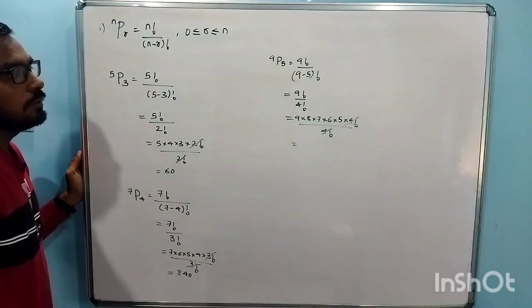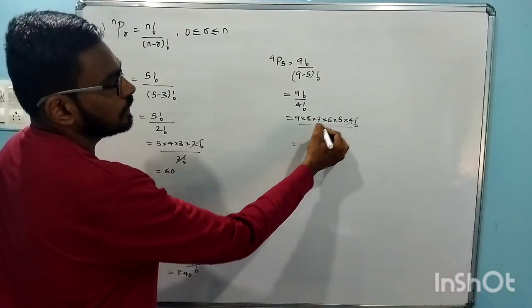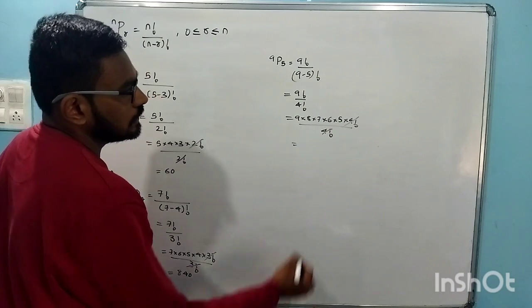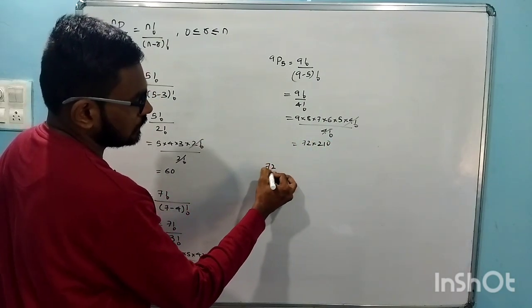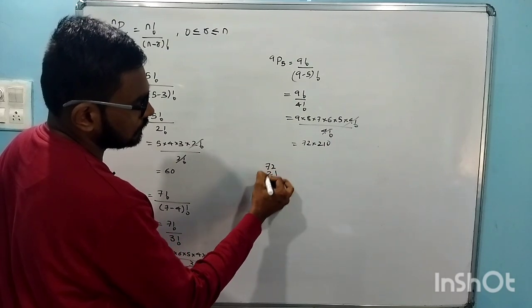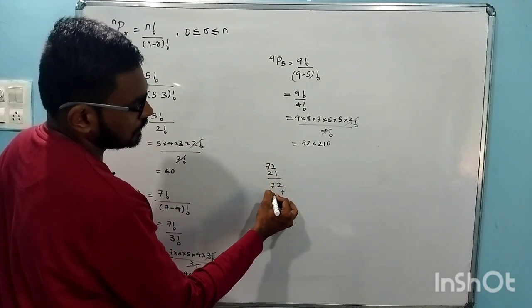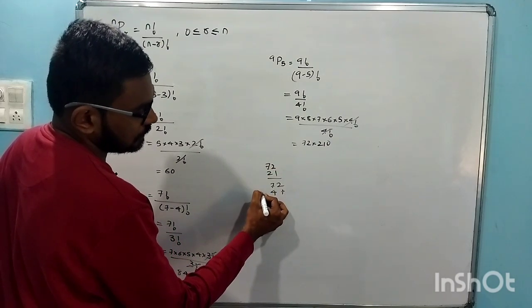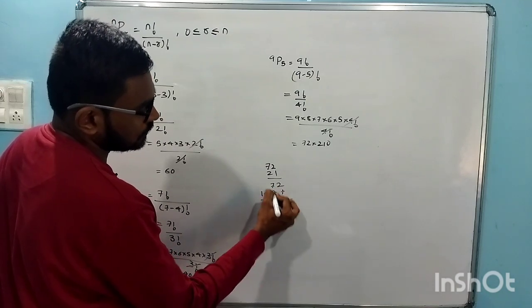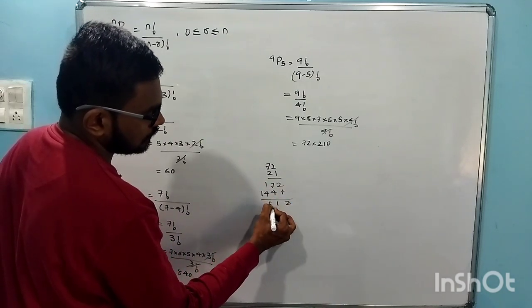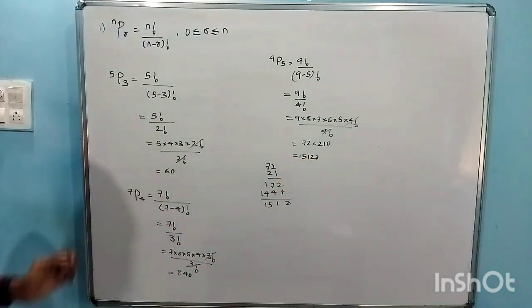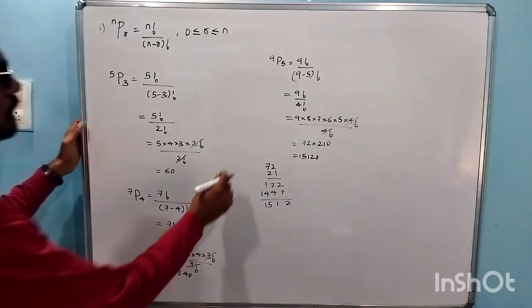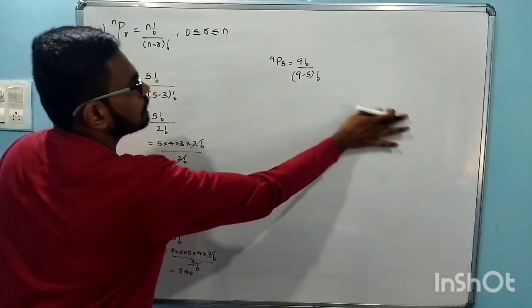So 72 into 42 into 5. 42 into 5 is 210. So 72 into 210, what is it? So 15120. Okay, like this. Next, we'll see some properties of this.